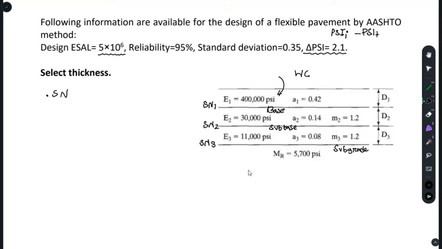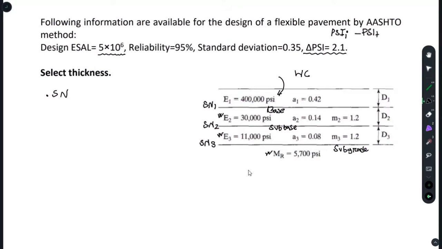And to say another thing, when you are calculating the structural number, you need a modulus of elasticity. And for that, you will consider for SN1, E2, and for SN2, you will consider E3, and for SN3, you will consider MR. So when we read the graph, then you will find the uses of these things.